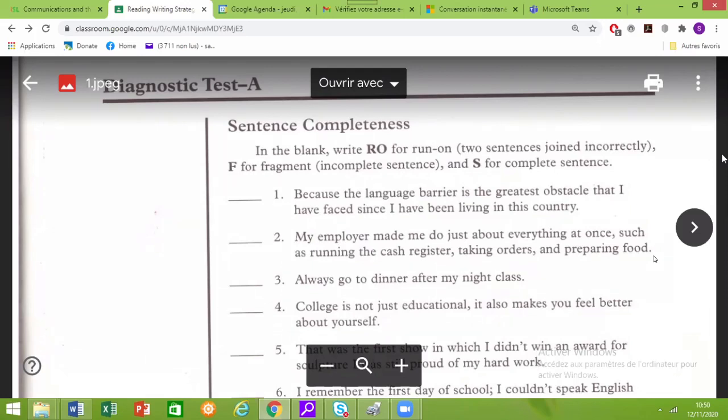So we will start with diagnostic test number 1. Why am I putting these diagnostic tests? Because in writing, some students still have problems when they write paragraphs or essays. So what should we do in the first place?